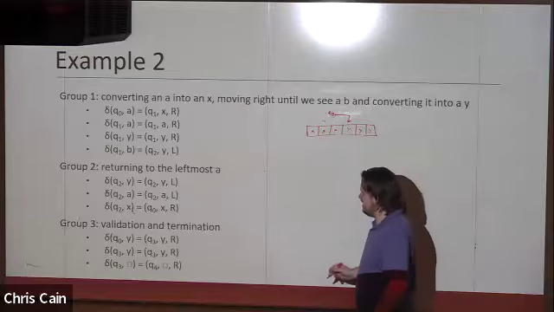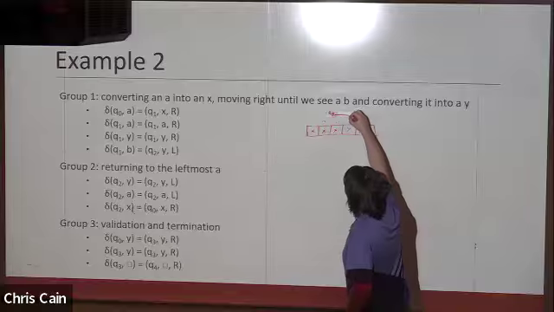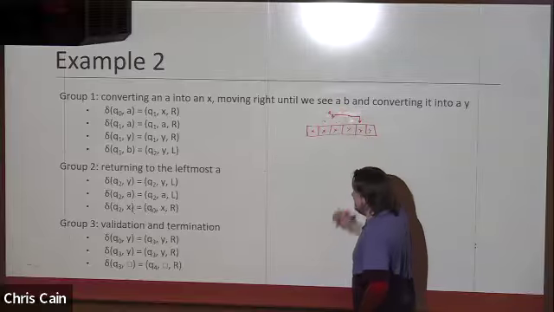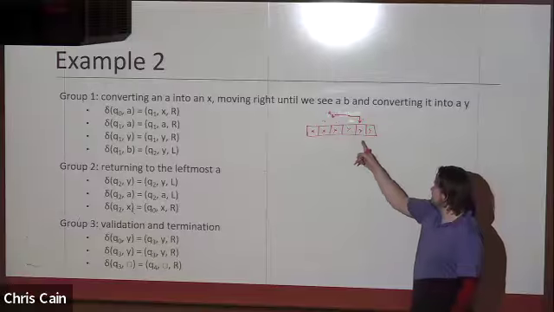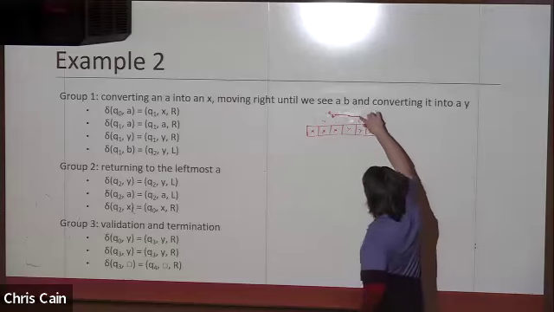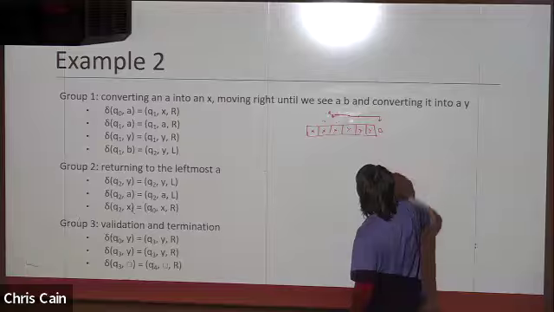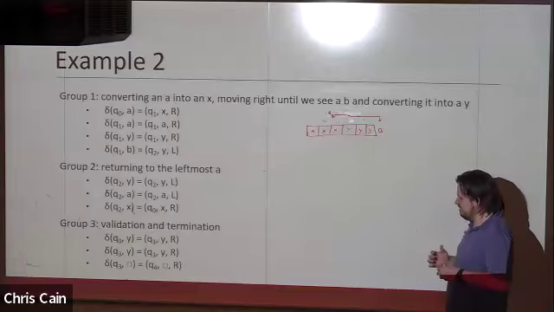Q0 on a Y becomes Q3, replace it with a Y and move right. So we move out here, transition to Q3. Q3 says continue to move past all of the Ys, so it will continue all the way out past the last one, which is going to have a blank in it. And then Q3 on a blank says move to Q4.